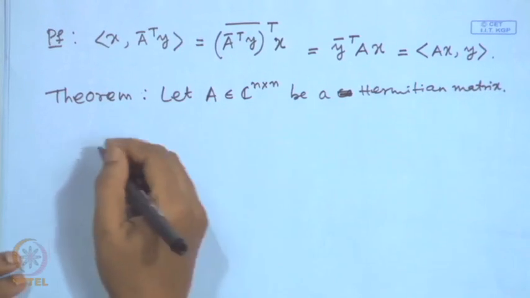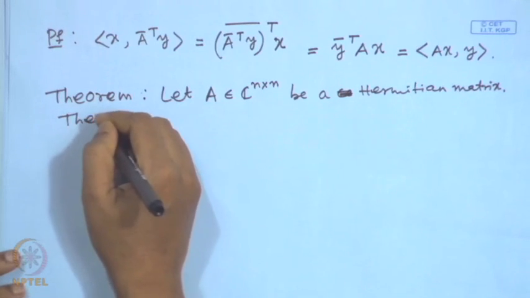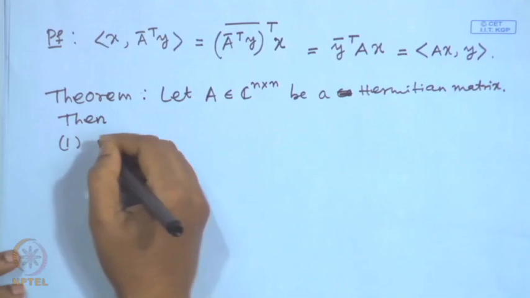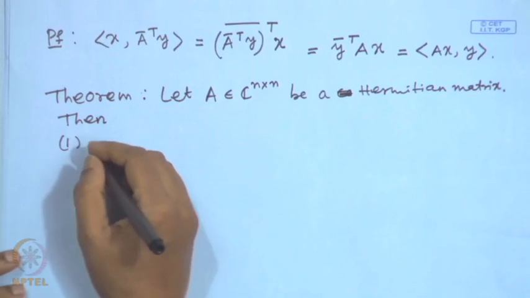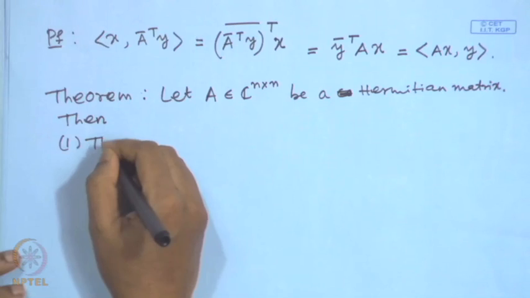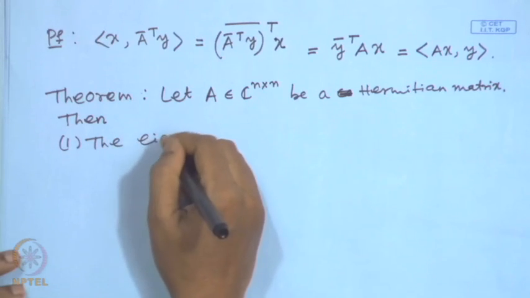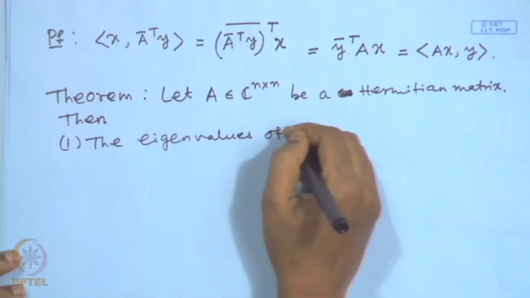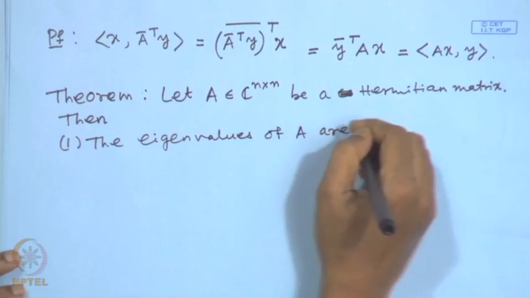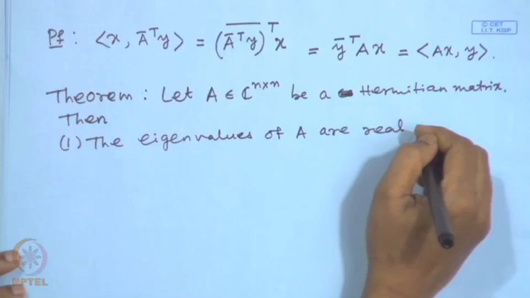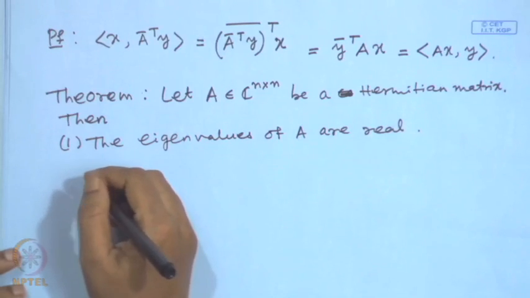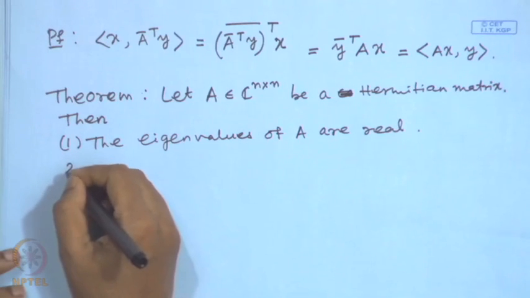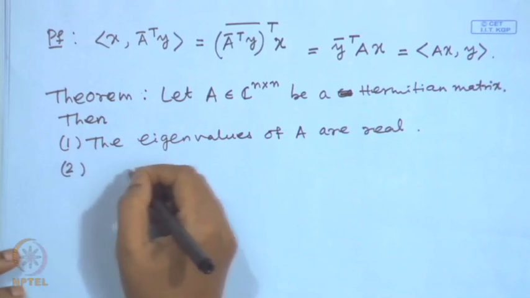Then we have the following results. First one is that the eigenvalues of A are real. Even if this matrix A is a complex matrix, all its eigenvalues are real.